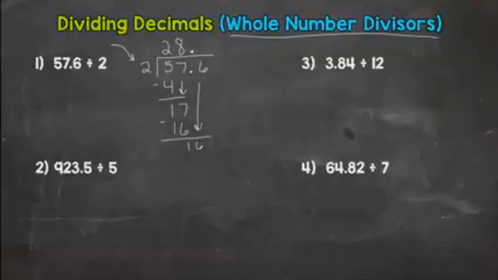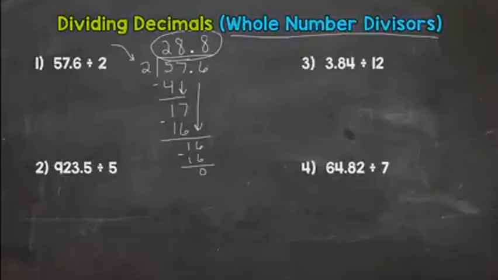And then end up with 16 divided by 2, which is 8. 8 times 2 is 16. Subtract, you get 0. So our quotient, or answer, would be 28 8/10. So, same process, just make sure you're placing the decimal in your answer.